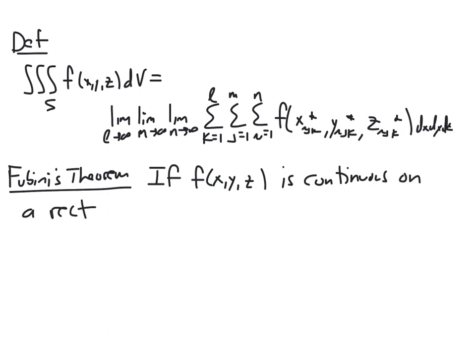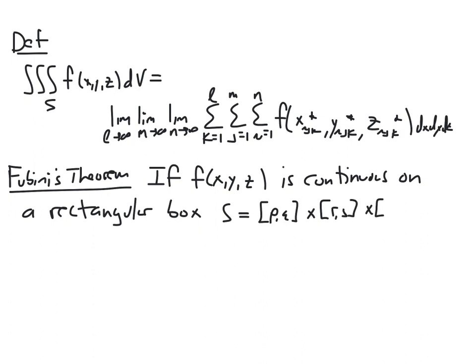All right, so we're going to look first at a function defined where S, capital S, is a rectangular box of the form [P, Q] cross [R, S] cross [T, U]. All right, so like with double integrals, this notation means that X ranges from P to Q, Y ranges from R to S, and Z ranges from T to U.